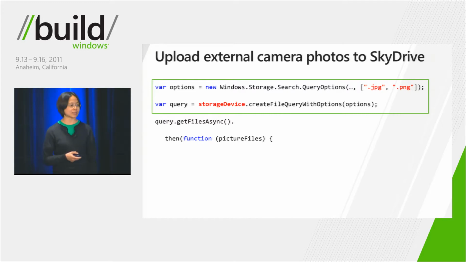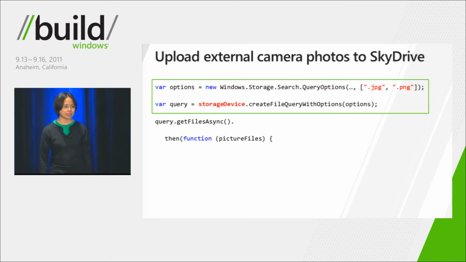The storage device object here is basically the same object that I got earlier using Windows.Devices.Enumeration from the ID. To find files on a device, we basically do a search. And that's actually pretty amazing if you think about it. The files are on the device, and I'm actually searching on them. Here, we decided that we want to find pictures, and we used a really neat form of query, which is by file extension.